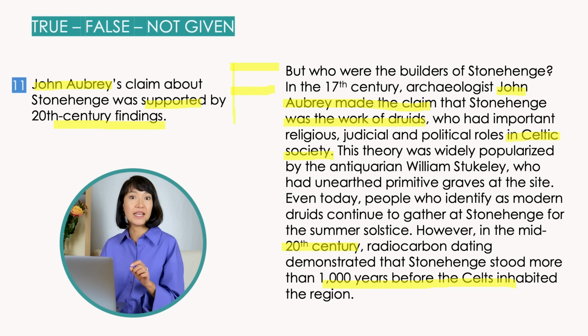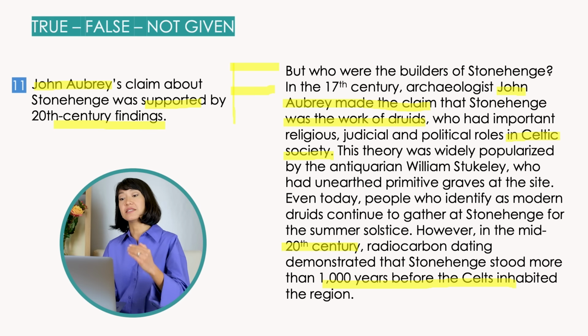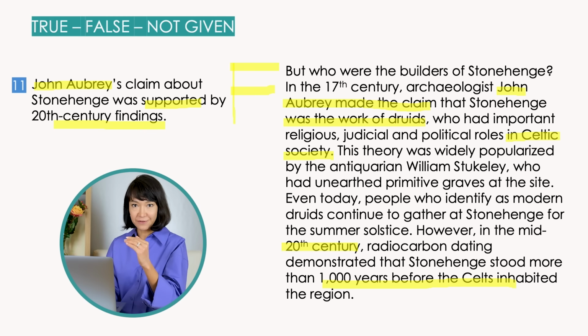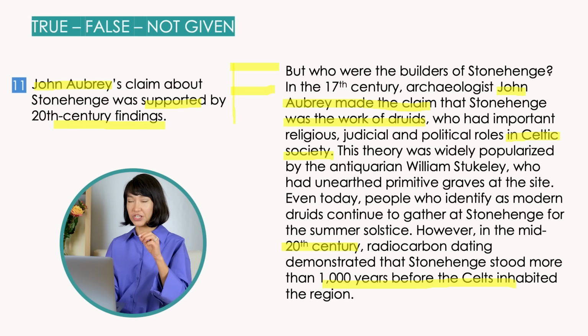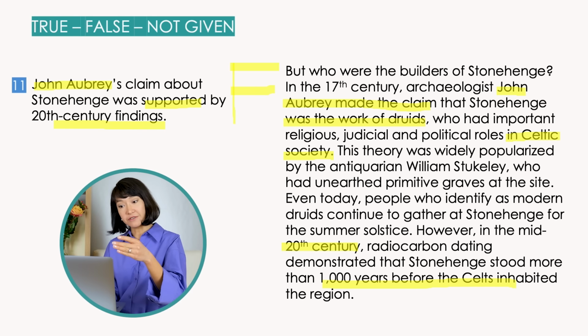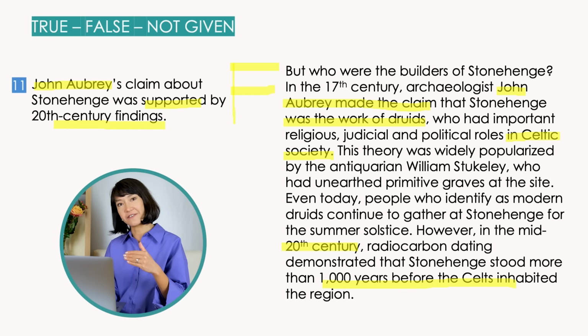And as you can see in this question, you really need to read the whole paragraph because you need to understand what the claim was, and it's at the beginning of the paragraph. And you need to understand that Druids are Celts. And again, this information is given in the middle. And then you can understand that the claim was not supported at the end of the paragraph.